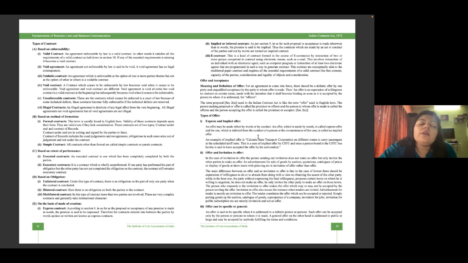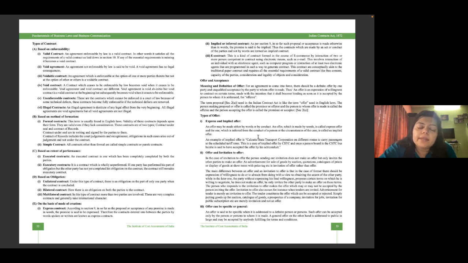So when we are talking about void agreements, it says that every agreement, if it does not fulfill the mere mandates of that particular contract, in such cases, those contracts would fall short of being valid.